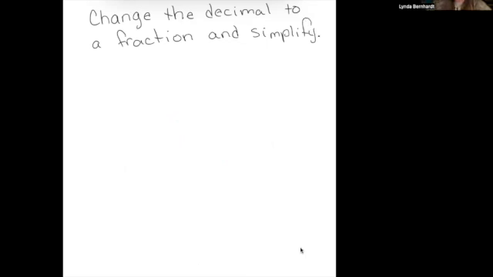Okay. And then it will give you a decimal. So like this, if you have 0.67, that is hundredths. Since you know this is hundredths, this would be the same thing as 67 over 100.